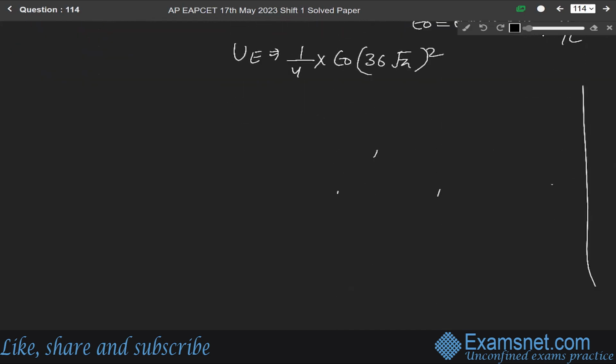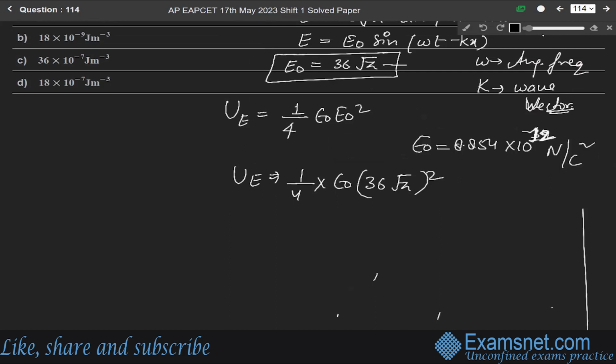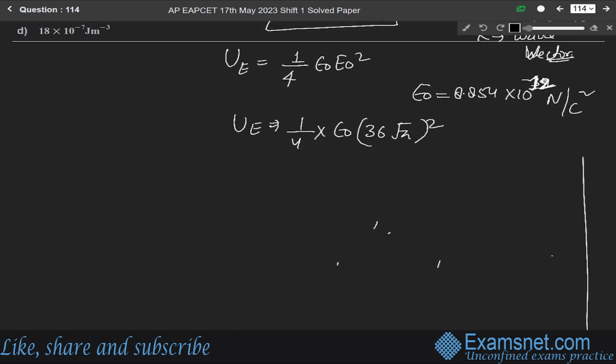Now, it will be 1 by 4 into epsilon naught into (36 root pi) whole square. So this will equal 1 over 4 epsilon naught. Multiplying the numerator and denominator by 4 pi, we get 4 pi epsilon naught over 4 pi into (36 root pi) whole square.